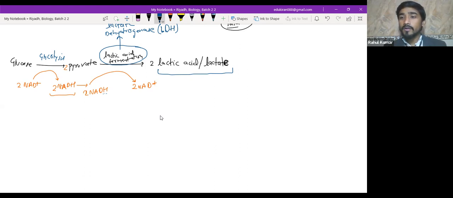So the more water you will drink, the more fluid you will take, your blood will have more and more fluid. And remember, more and more lymph will be formed. Lymph is basically the plasma serum leaking out from the capillaries, correct? And they keep cleaning the muscles, right?